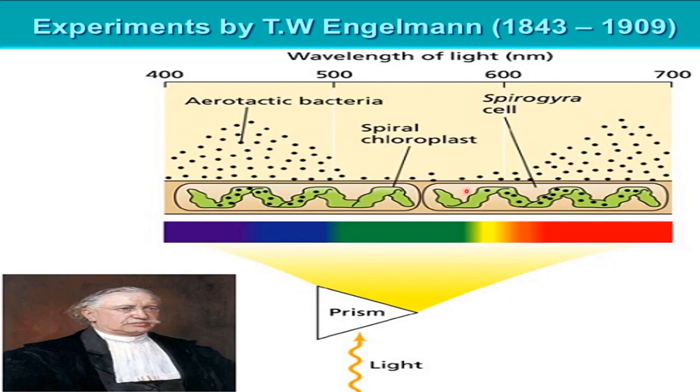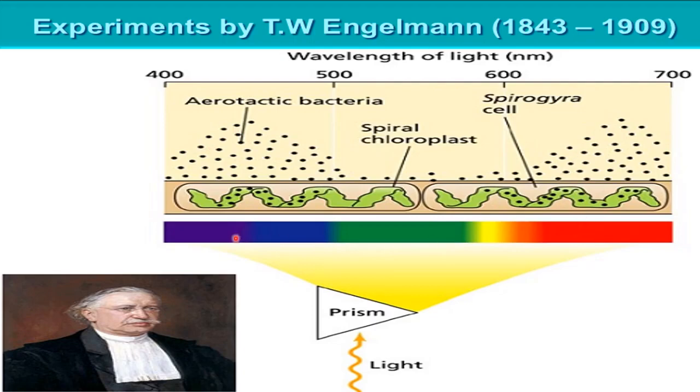Now he found that these bacteria are able to sense the oxygen releasing areas, right? And you can see here these bacteria are accumulated here. These black dots are representing bacteria. So he found that bacteria were accumulated in two regions mainly, here in the blue region and here in the red region.